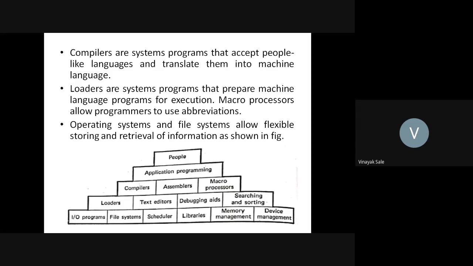So compilers are system programs that accept people-like language and translate it into machine language. So how does the user communicate with the machine?